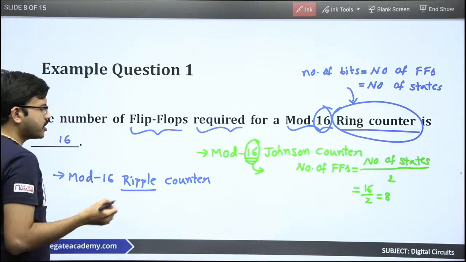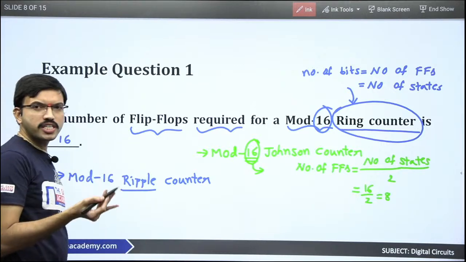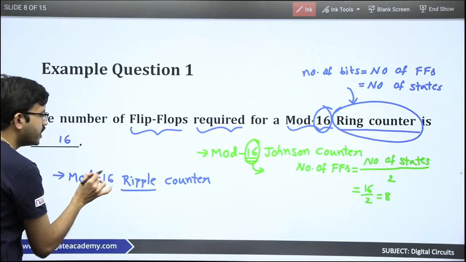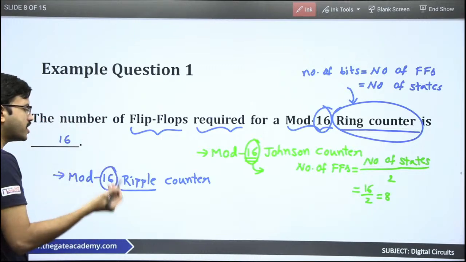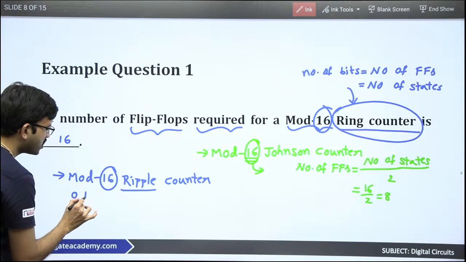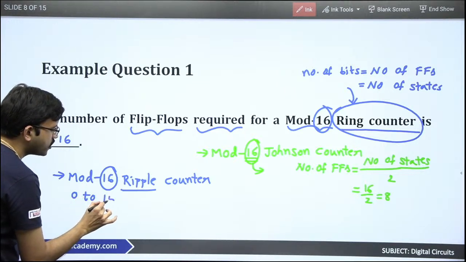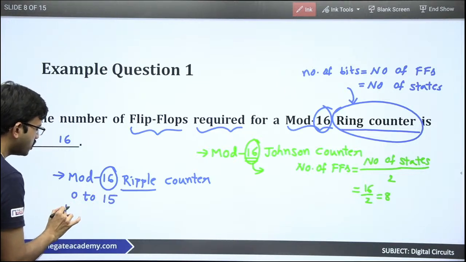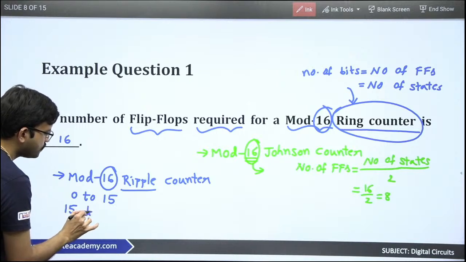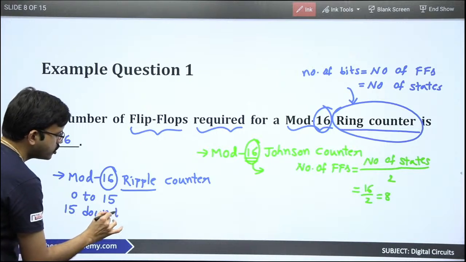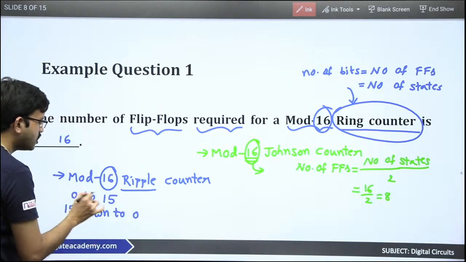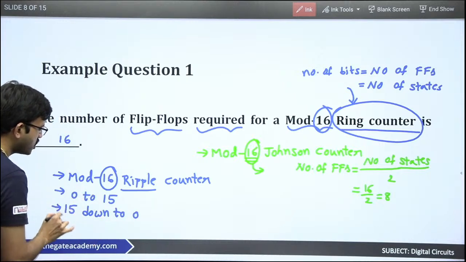So in the binary counter, either you consider up counter or down counter. Say for example, here number of states are 16. If you are considering up counter, the states will start from 0 to 15. Or if you are considering down counter, 15 down to 0.